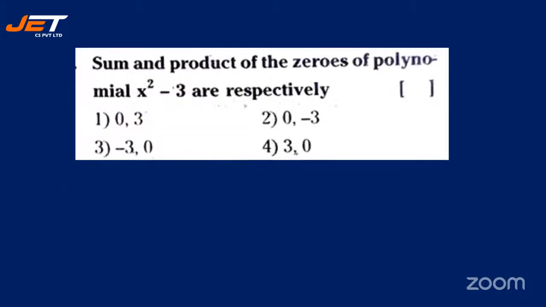See the next question. Sum and product of the zeros of polynomial x square minus 3 are dash. Sum and product of the zeros of polynomial x square minus 3 is dash.